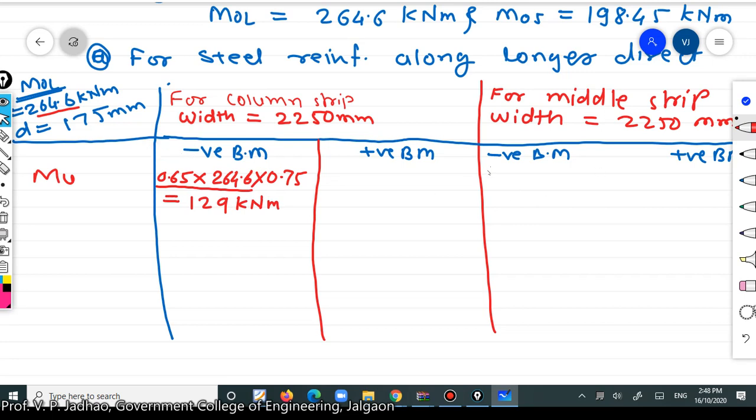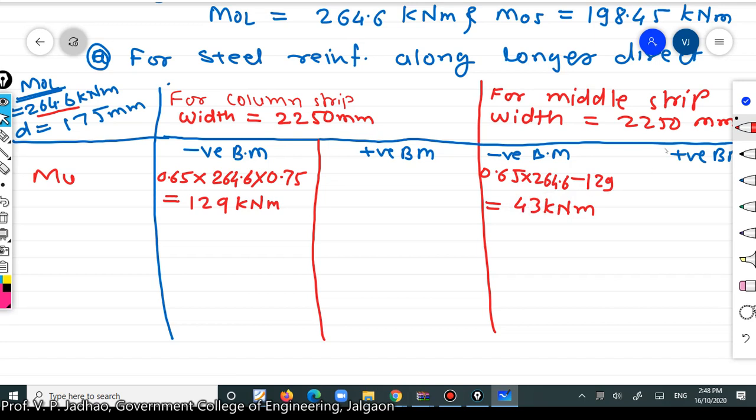So write down here 0.65 into 264.6 minus this value. If you deduct this value, you will get 25%. So 129, and this will be 43 kilonewton meter. Okay, this is the calculation for distribution of negative bending moment.